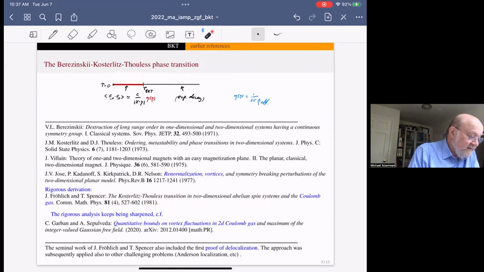In the analysis which is presented here, the problem is mapped onto a system with vortices whose interaction is the logarithmic Coulomb potential in 2 dimensions, and it's the logarithmic nature of this interaction which leads to the existence of the phase transition.